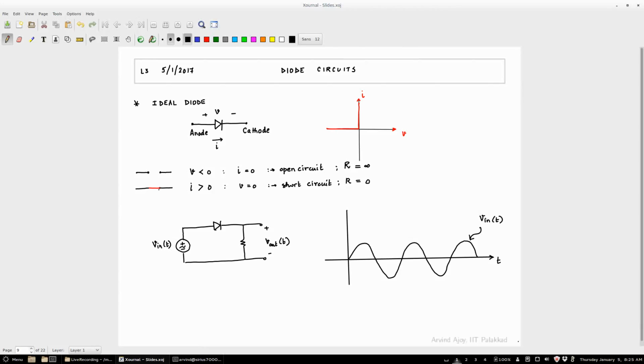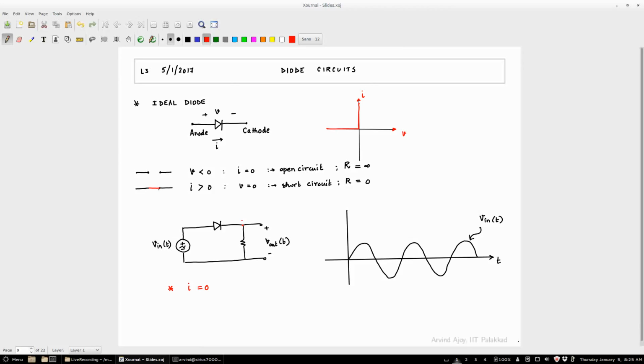So how would you analyze such a circuit? You can start, for example, by assuming that I is 0. Assume this is an open circuit, and then go backward and see what is the situation under which that happens.